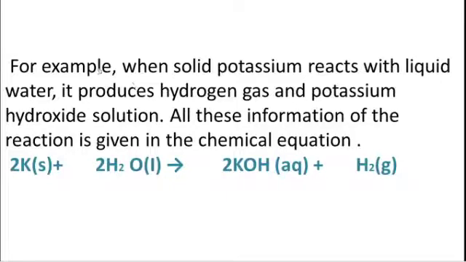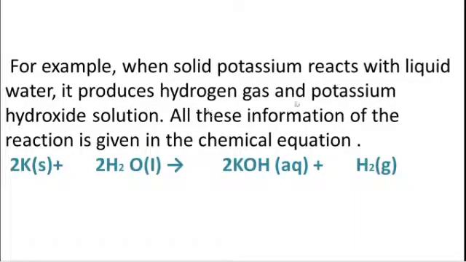Example: when solid potassium reacts with liquid water, it produces hydrogen gas and potassium hydroxide solution. All this information on the reaction is given in the chemical equation.